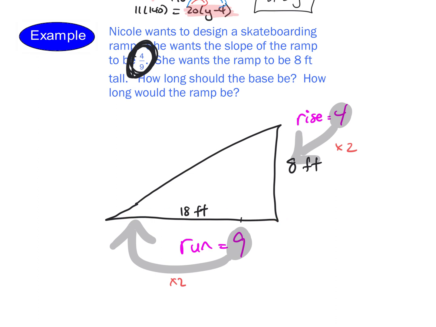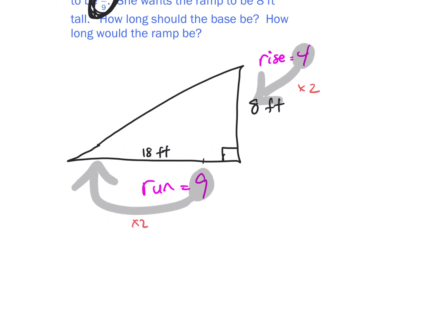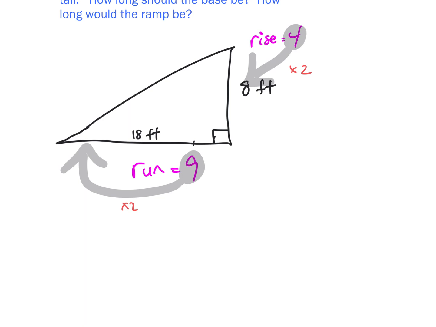Now, the last question is, how long would the ramp be itself? Well, a ramp is always going to be a right triangle. When we have a right triangle, we can use Pythagorean theorem, which of course is c squared equals a squared plus b squared.